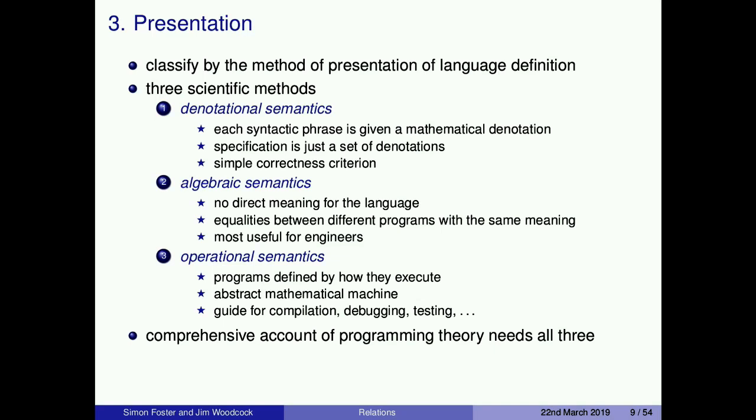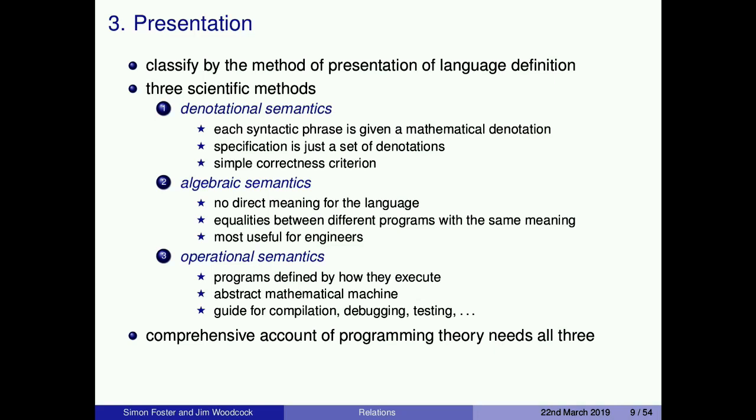So in terms of presentation, we can classify the different language definitions in terms of different semantic models, of course. We've mentioned these, but in a little more detail. Denotational semantics, of course, is where each syntactic phrase of your language is given a mathematical denotation, and then the specification is just a set of possible denotations.